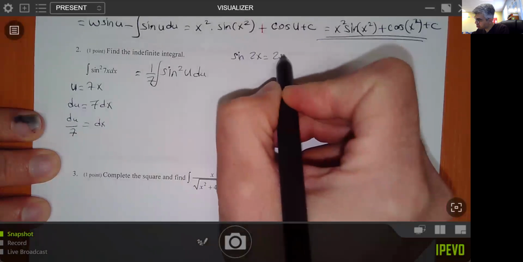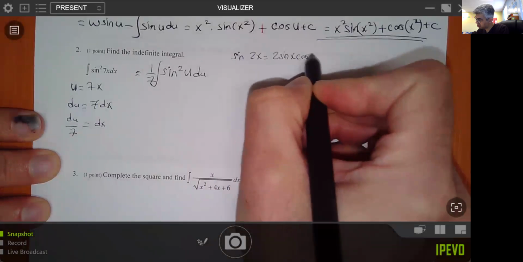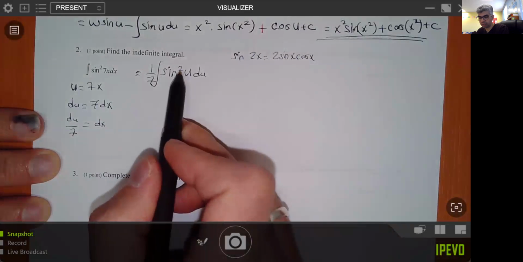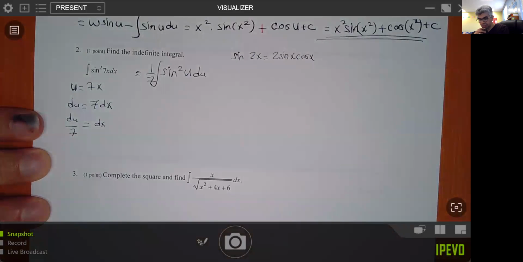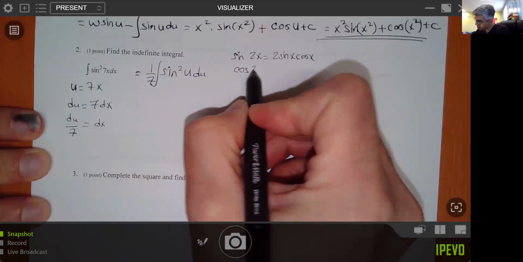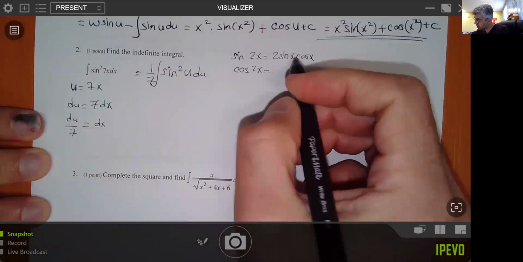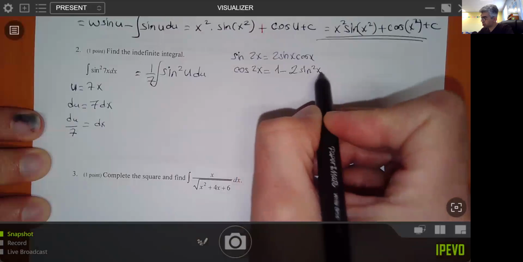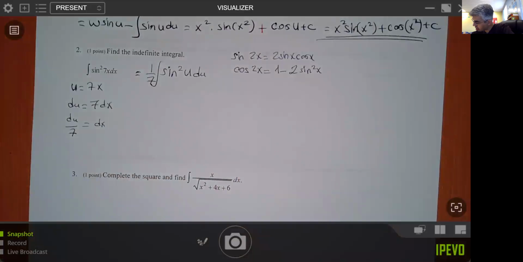What we know here: sine 2x is 2 sine x cosine x. It's good, but here I need something with a square, right? Where do I have sine squared? What was cosine 2x, guys? Cosine 2x is 1 minus 2 sine squared x, okay?